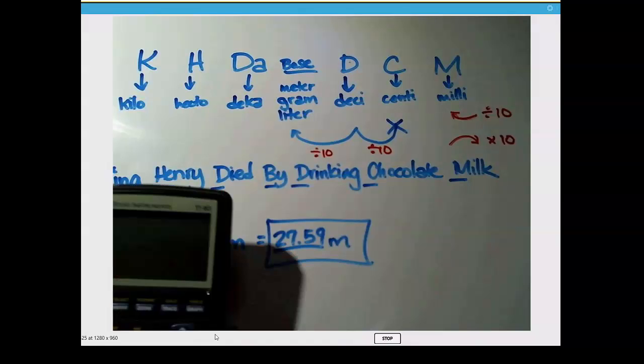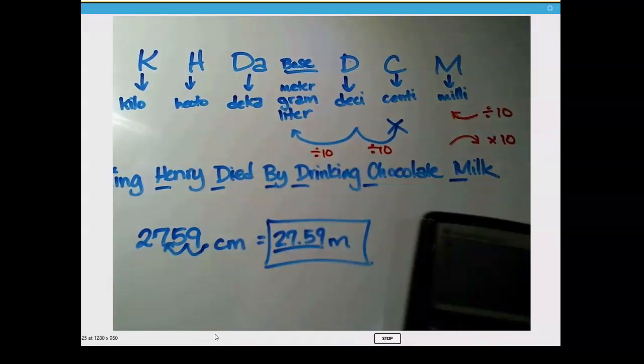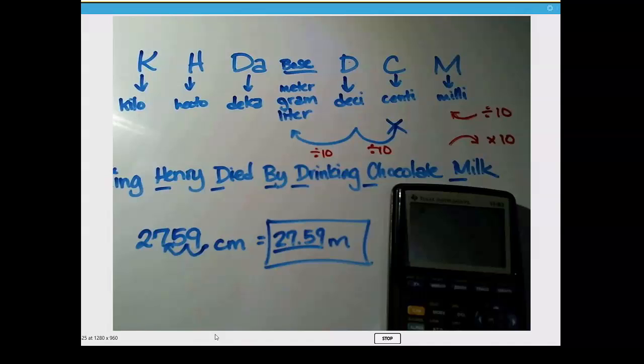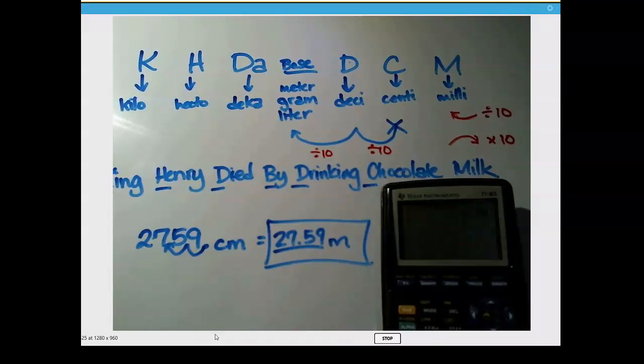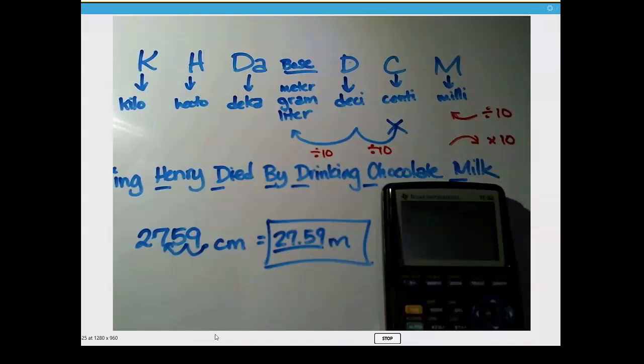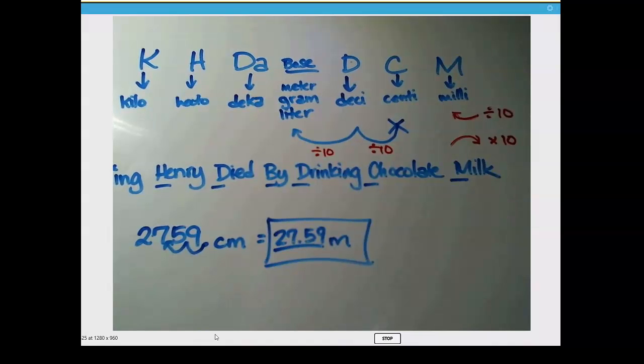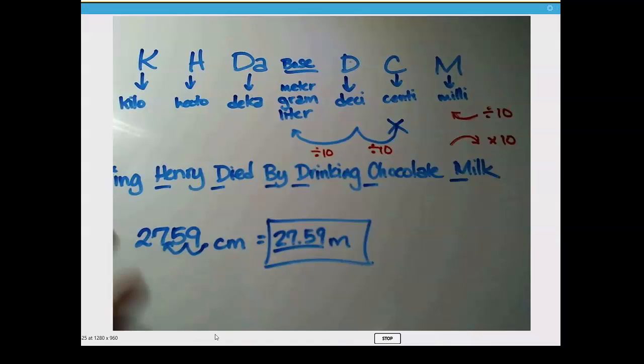So if you wanted to plug it in, you could do it that way too. You could just do 2759 divided by 10 divided by 10, since you're moving it twice. And that'll move your decimal for you. In case you have to do a lot of moves, sometimes people aren't necessarily the most careful, and that decimal really needs to be in the right spot. You don't want to kill anybody when you're talking about dosages and things like that.